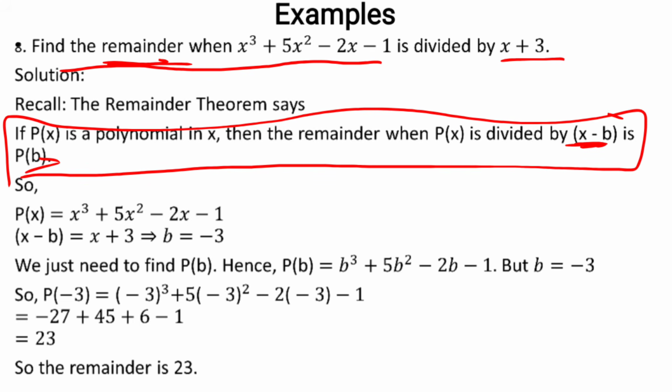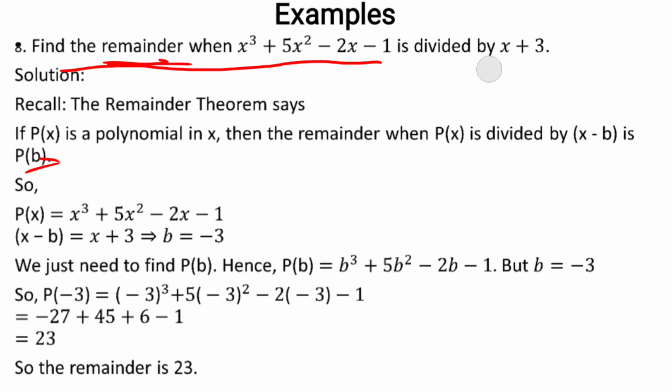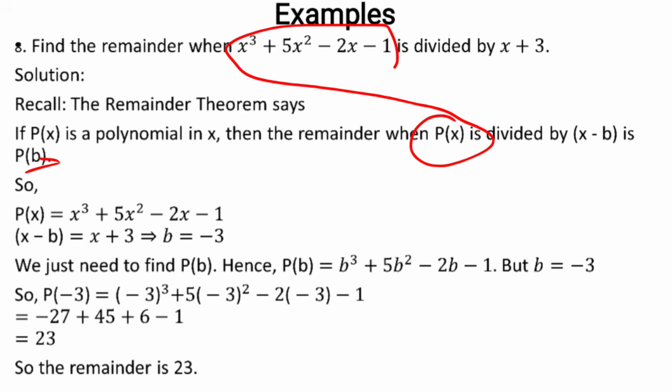So we just need to compare what divides. This is what divides, x plus 3, and what divides in the theorem is x minus b. Let me clean it so that it is clearer. So we compare. Our polynomial p(x) is this, right? That's our polynomial.